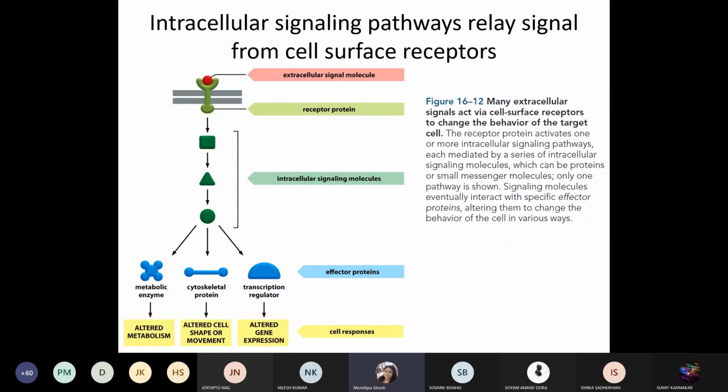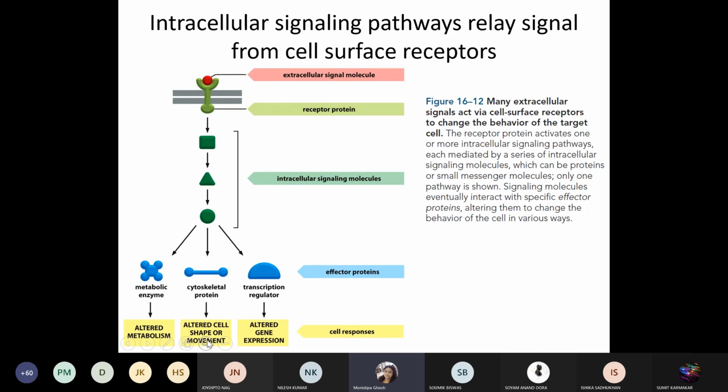The metabolic enzymes are altered, and they trigger metabolism in an altered manner. When the cytoskeletal protein interacts with the signaling molecule, the cell shape is altered for movement. Cytoskeletal proteins give the shape and structure of an organ, of a tissue.